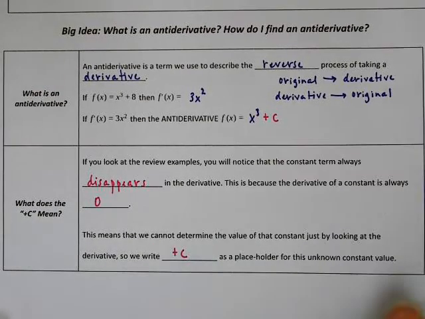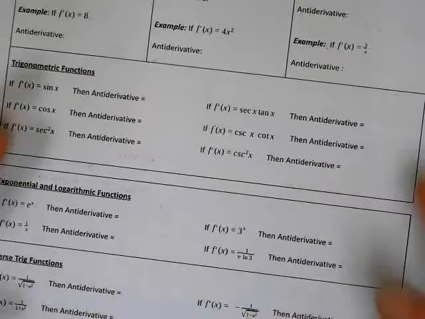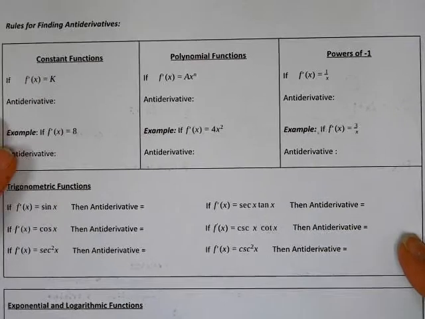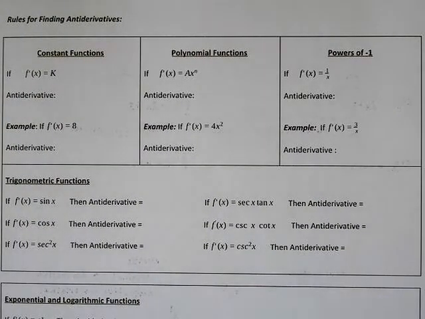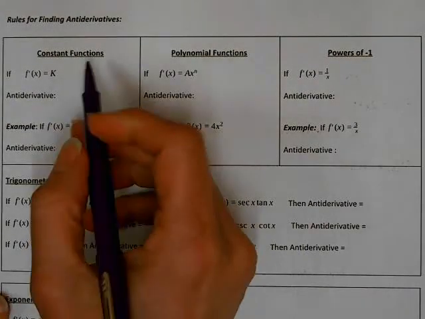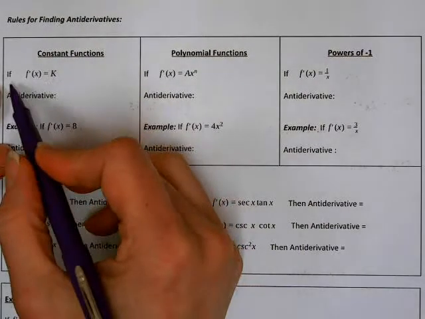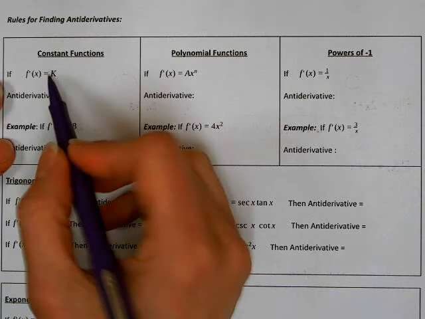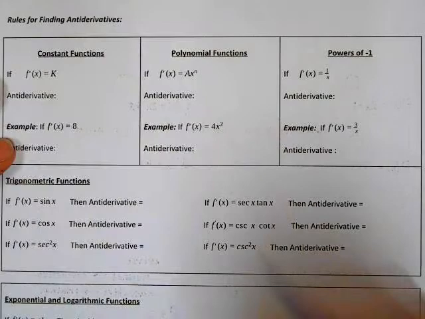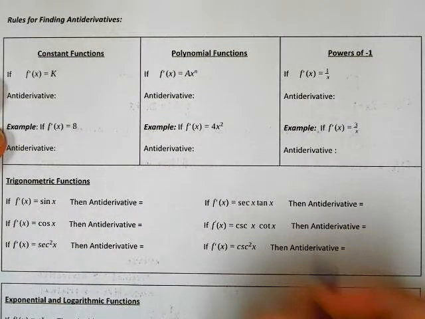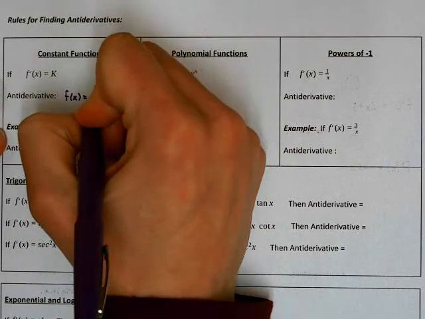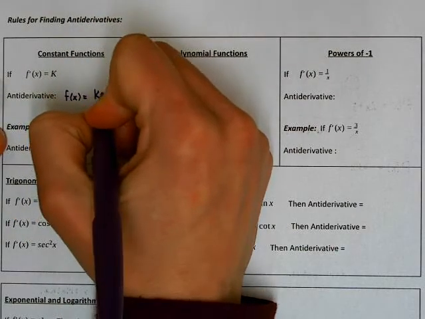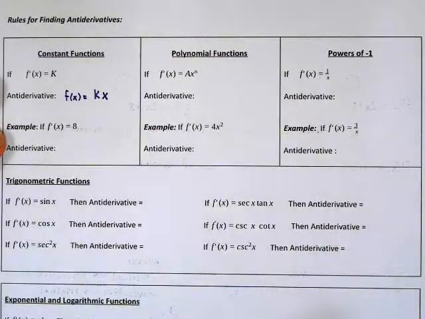Now I will tell you, you really need to know your derivative rules well to be successful here. If you don't know the derivative of a function, it's going to be really hard to find its antiderivative. All right, so for constant functions, if the derivative is equal to a constant, for example f prime of x equals 3, then the antiderivative, f of x, would just be k, that constant, times x.